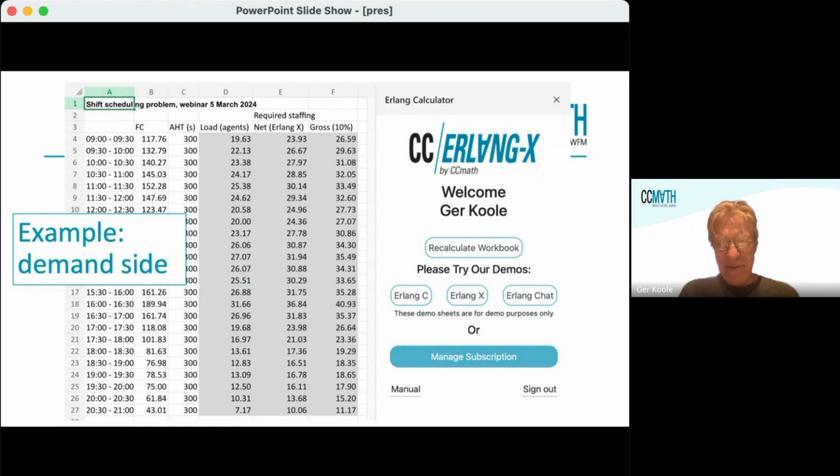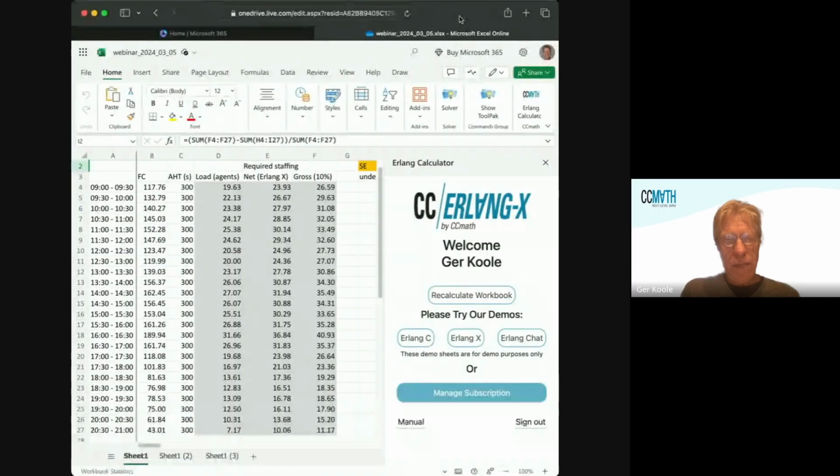But let's see if this works. So let's switch to my browser, which is here. Okay, so now you see my browser and you see a sheet.